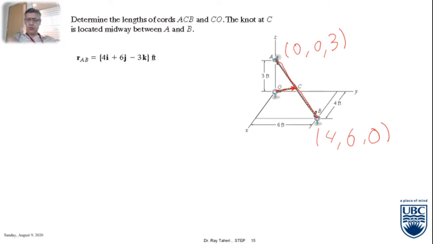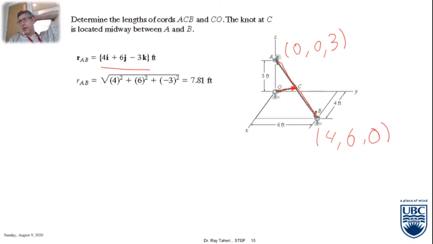The next step is to calculate the length of AB. Obviously, you have to find the magnitude of this vector, which is simply the square root of the sum of the squares of each component. So this is the length of AB, the first part.